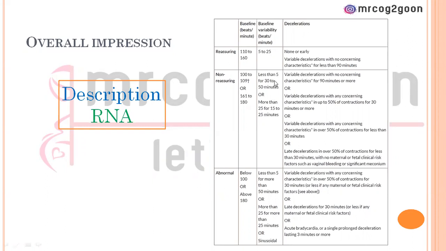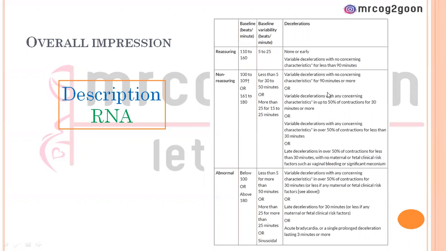Variable deceleration, we ended here with variable deceleration with no concerning features for 90 minutes or more.